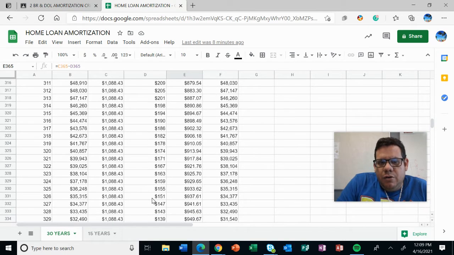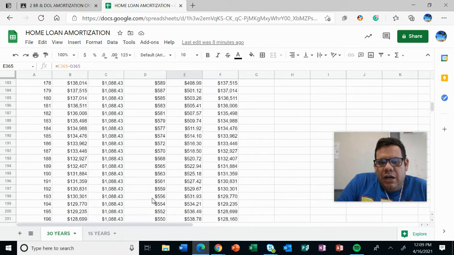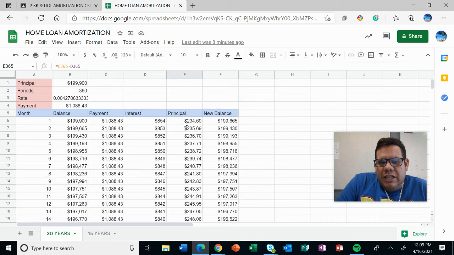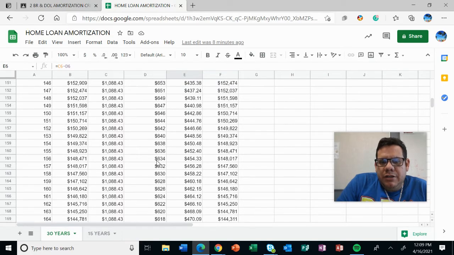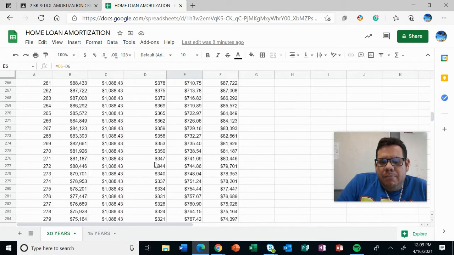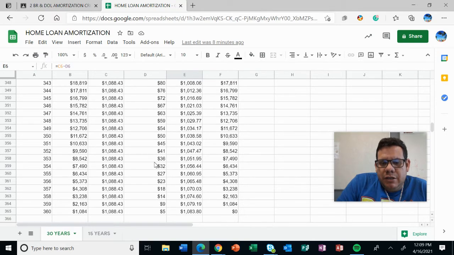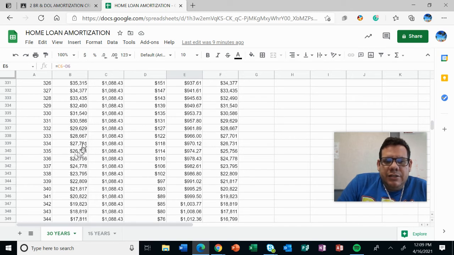As you can see, we start by paying a lot of interest and less money for the principal, but as time goes by, we have the opposite. We end up paying more for the principal, which is good, and less for the interest. That is because month after month the balance is reduced. Remember, the less you owe, the less interest you pay.